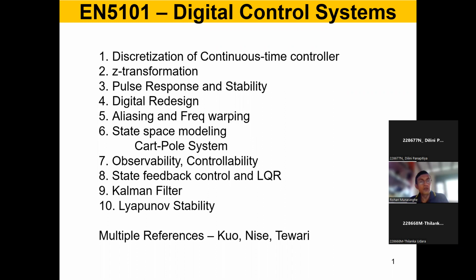Then we are going to look at aliasing and frequency warping. So what is that? When we deal with control systems, we generate control signals. A signal is a time domain signal, but it's composed of multiple frequencies, right? Sometimes so many different types of frequencies in there.